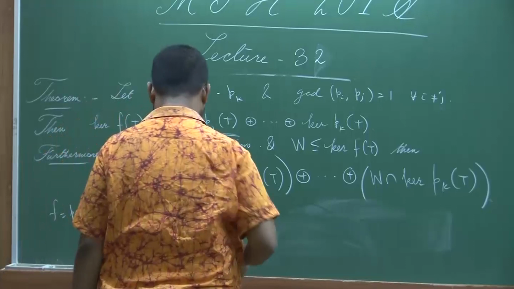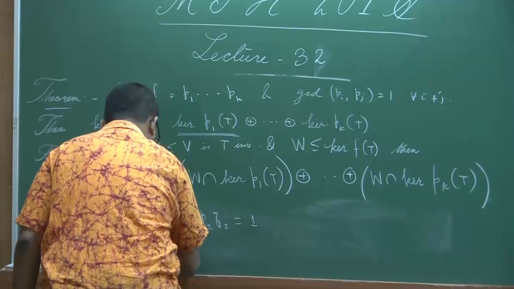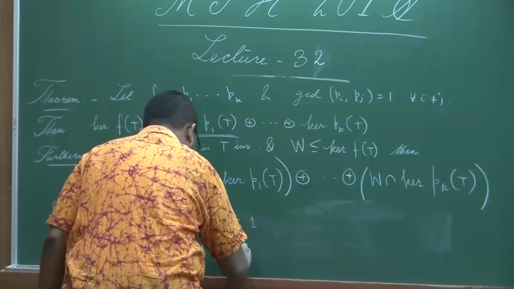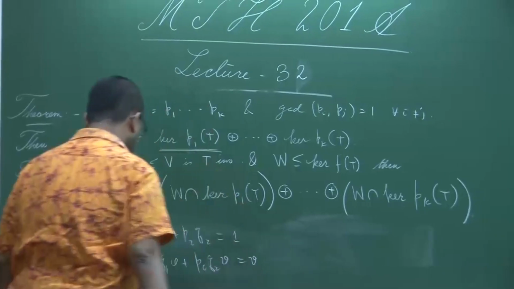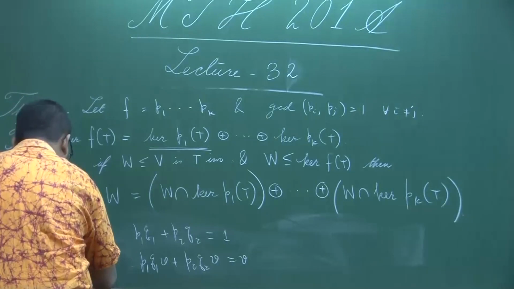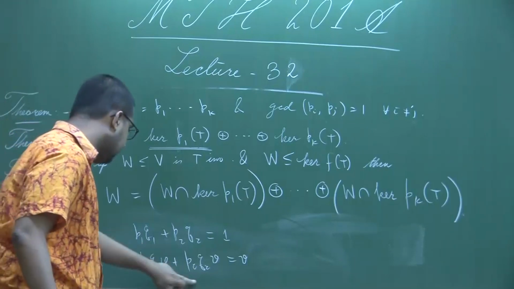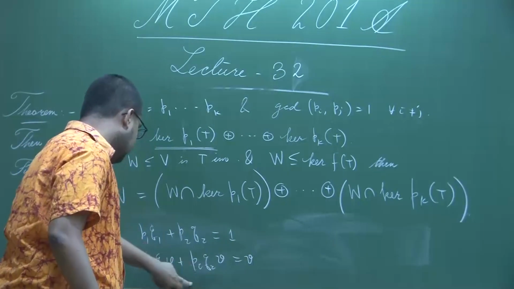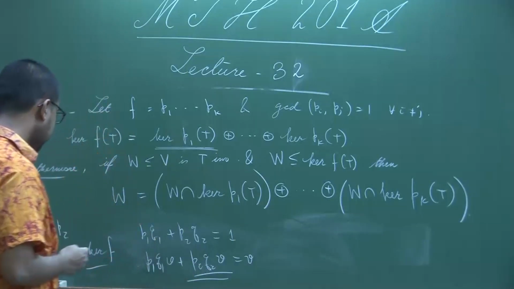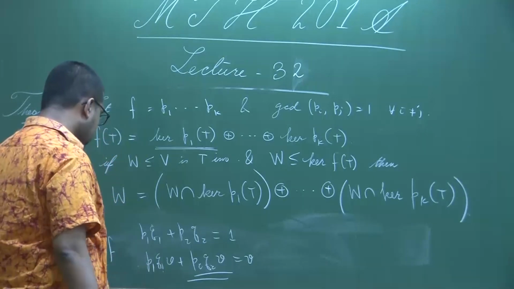Therefore, for any vector, P1 Q1 V plus P2 Q2 V equal to V, where V lies in the kernel of F. Therefore, this lies in the kernel of P1, this lies in the kernel of P2.